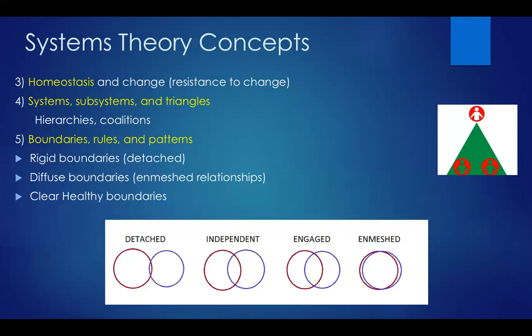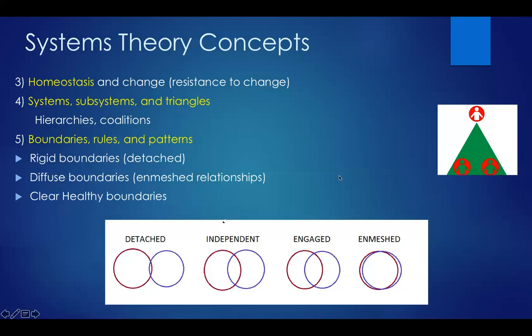If something needs to change, if someone needs to leave for college, if someone breaks up with the other person, this can cause real difficulties with enmeshment. So healthier boundaries are in the middle, where you have some independence and you have some moments of engagement. There should be some overlap between the two people in a relationship, but not completely overlapped and not completely detached.